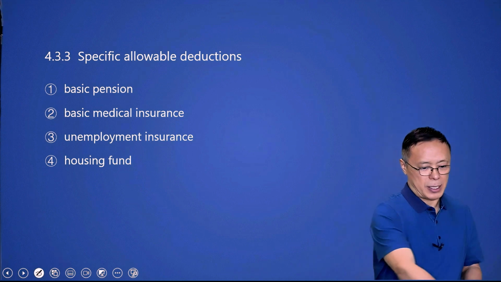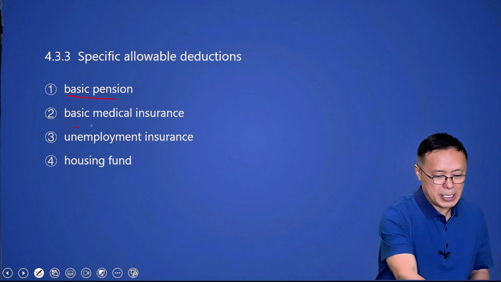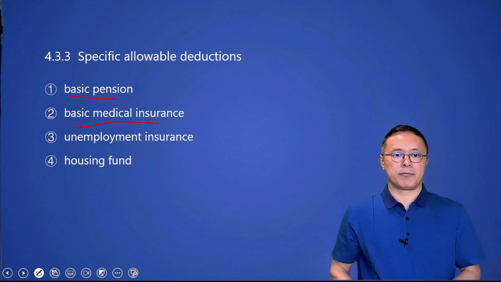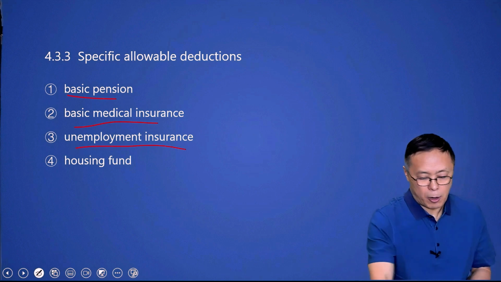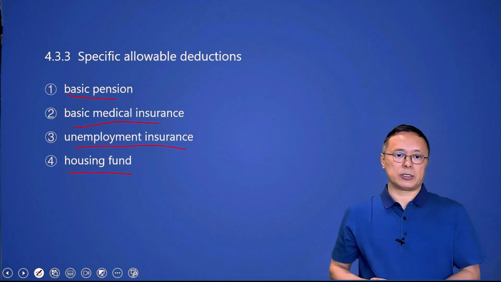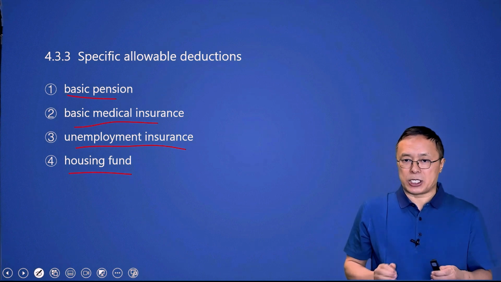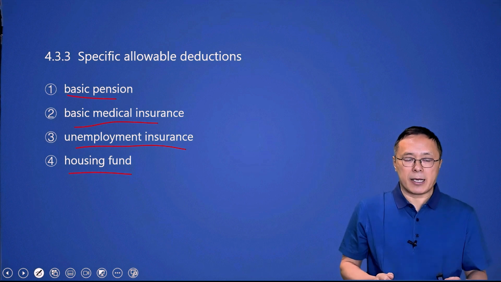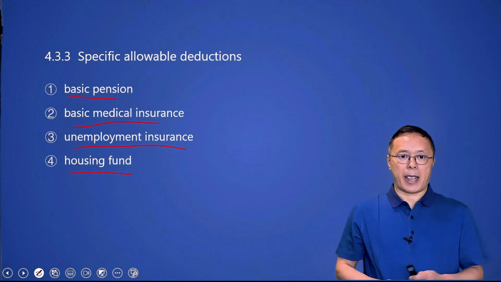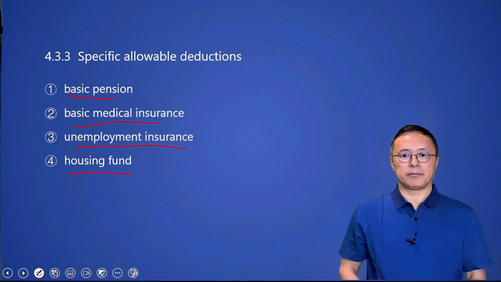They include: number 1, basic pension; number 2, basic medical insurance; number 3, unemployment insurance; and number 4, housing fund. These are the current basic social security system in China, covering basic livelihood issues, elderly care, health care, employment, and housing.